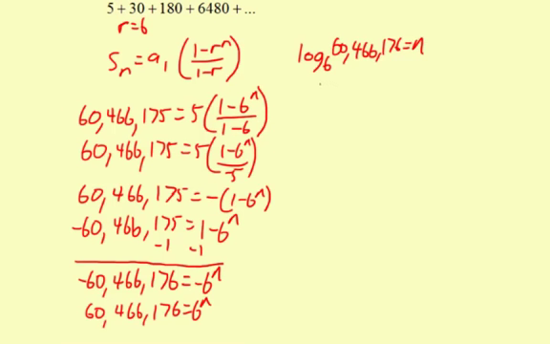So we're going to use a change of base formula. Log of 60,466,176 divided by log of 6 equals n. So let's get the calculator and see what we get.